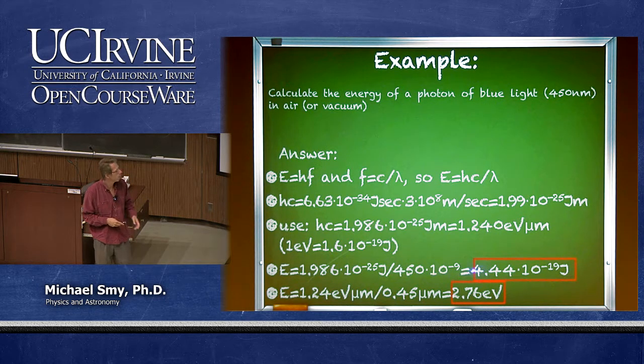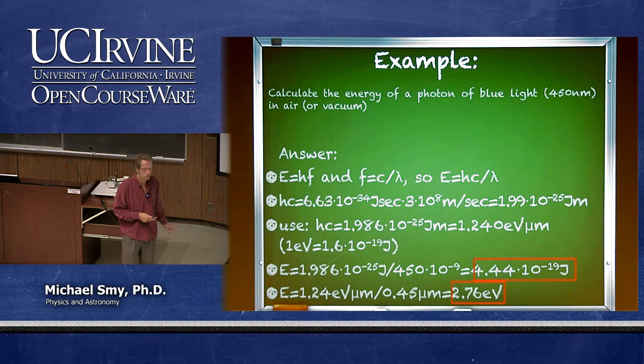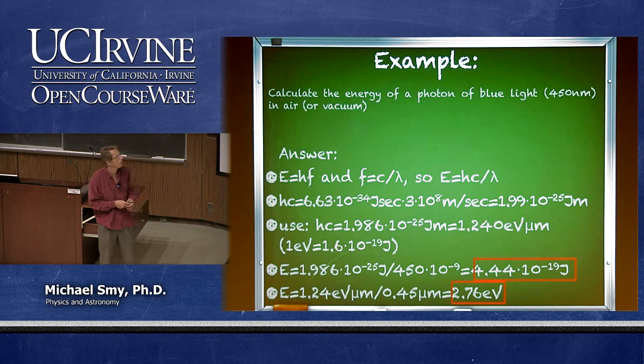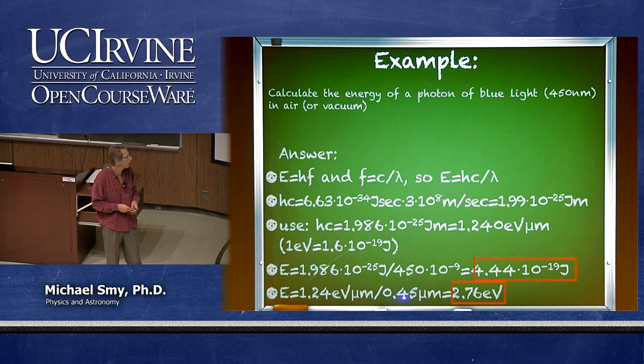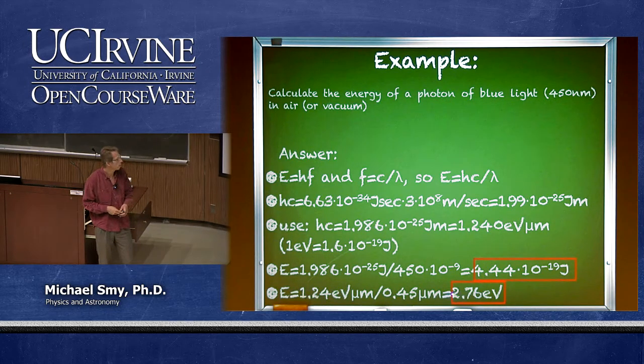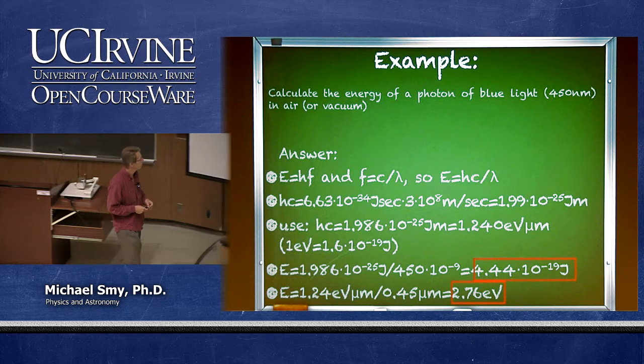And we come up with 4.44 times 10 to the minus 19 joule for 1 photon of wavelength of 450 nanometers. Or in units of electron volts, we use the other value, the 1.240 electron volt micrometer, divided by the 0.45 micrometer of the wavelength, and that gives us 2.76 electron volts.